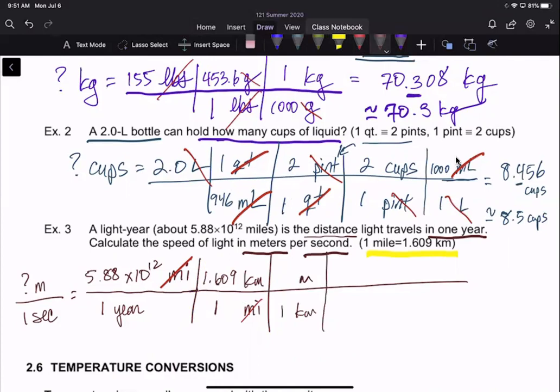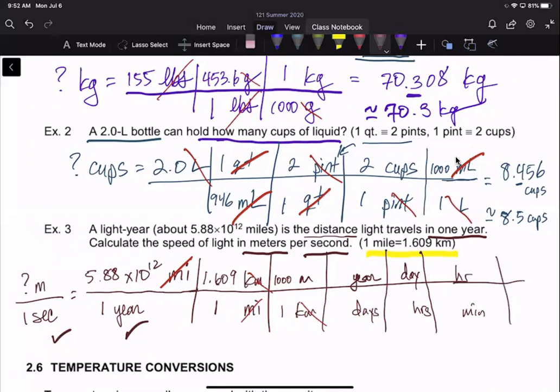And we know that 1 kilometer is 1,000 meters, which means the numerator is done now. All right, now we have to go from years into seconds. So years, I am going to go to days, then days to hours, and hours to minutes, and minutes to seconds.